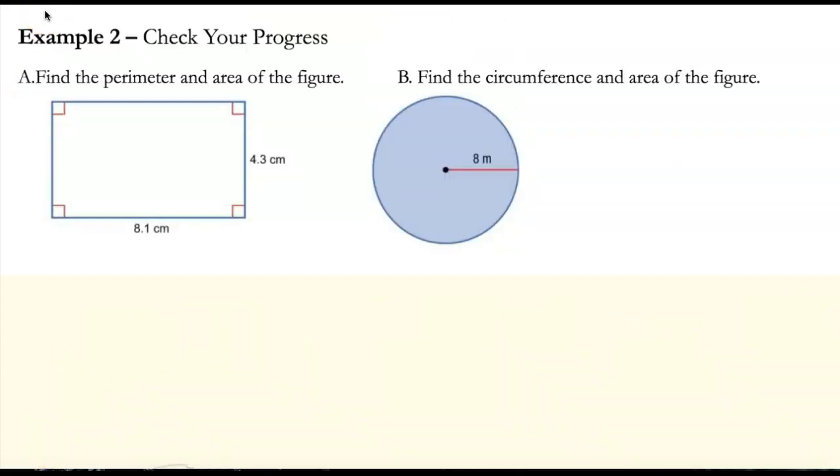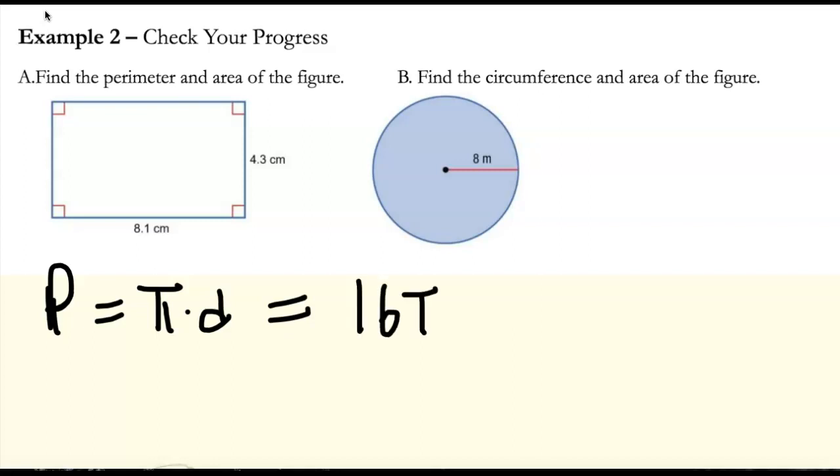Next, we're going to do the circumference and area of this shape, which is the circle. So part A, the perimeter for this, is going to be pi times the diameter. In this case, I need to know what the diameter is, and that is going to be 16, so 16 pi.